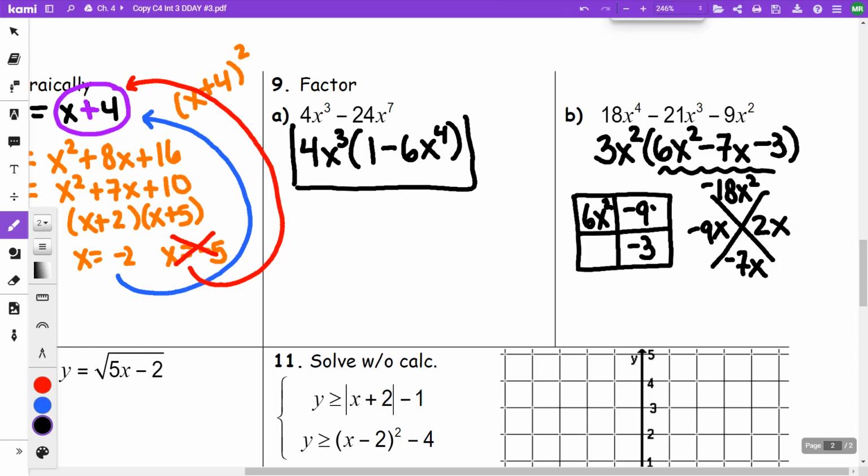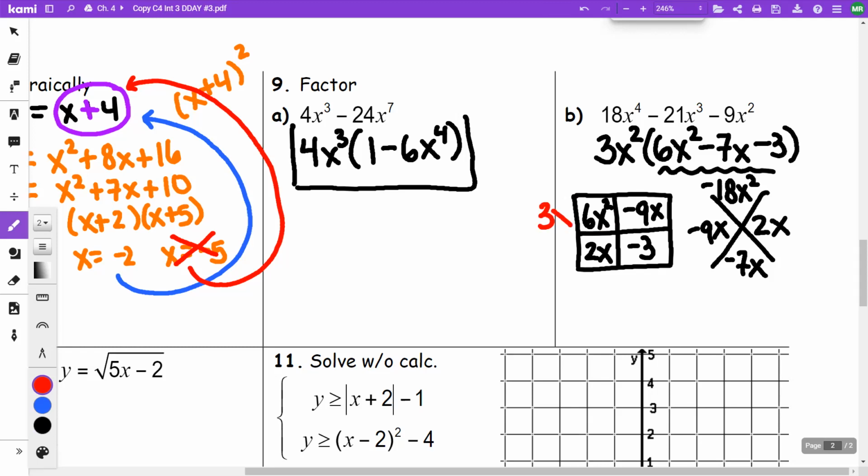So -9x, +2x. So then I'm going to focus on my 6x squared right here. When I'm doing that, it could have been a 6 and a 1, could be a 2 and a 3. But with the 2 and 9, it definitely cannot have a 6 in either spot.